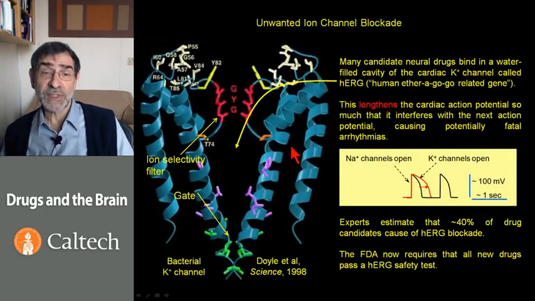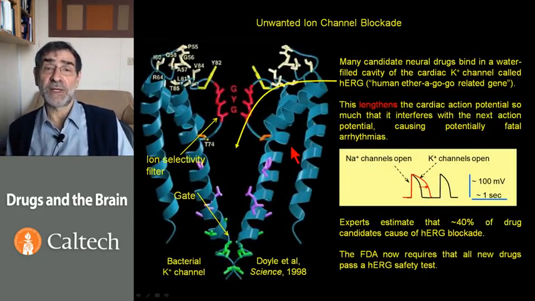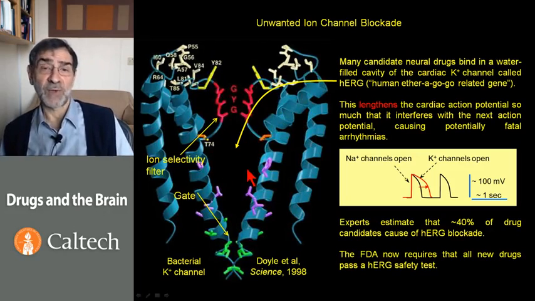Well, there are also some cases of unwanted ion channel blockade, and probably the most important and most tragic case involves the fact that many candidate neural drugs bind in a water-filled cavity of a particular potassium channel in the heart, mostly in the heart, although there's some of it in the brain.